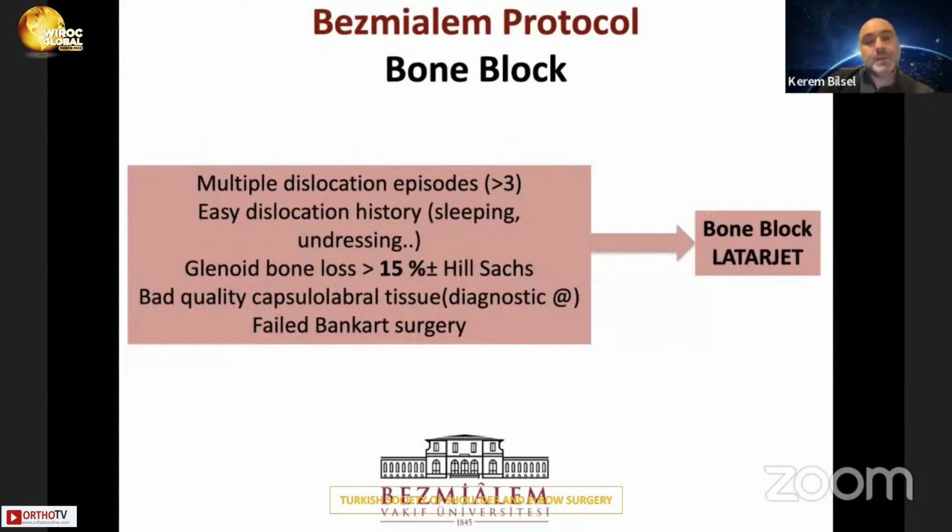So this is my algorithm for the bone block surgery. If my patient has multiple dislocation episodes, or a dislocation history like during sleeping, undressing, if the glenoid bone loss is more than 15% combined with the Hill-Sachs, if the patient has bad quality capsulolabral tissue during the diagnostic arthroscopy, and if my patient has a failed Bankart surgery, I go for bone block surgery, and my first choice is the Latarjet procedure.